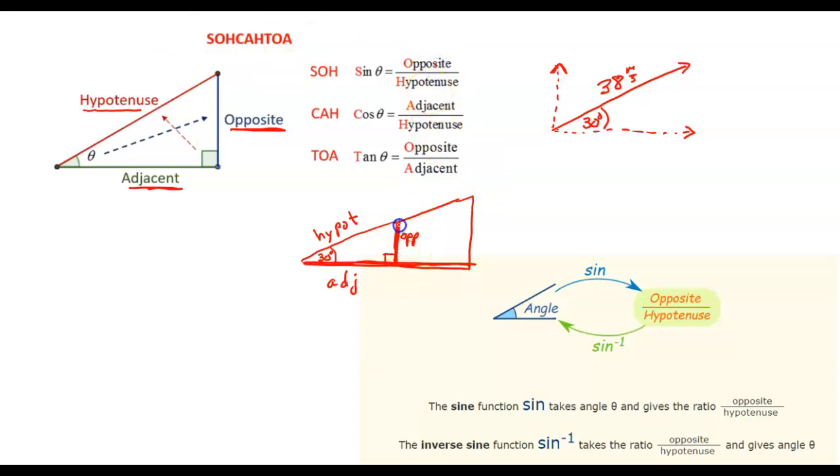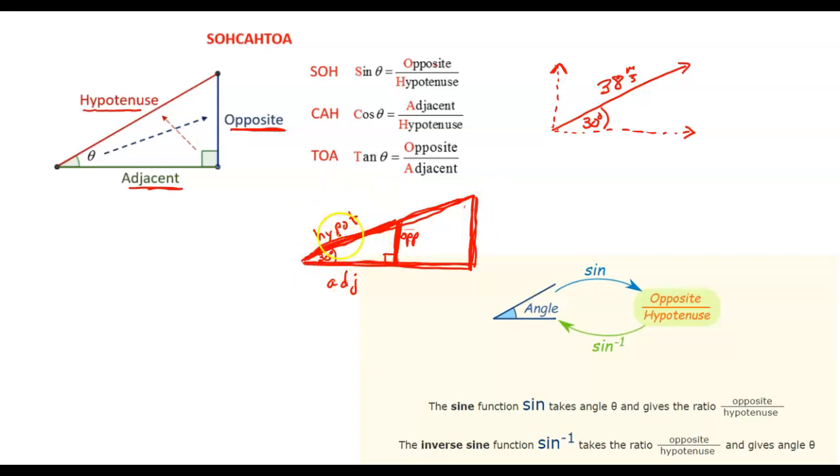So the ratio of this opposite side to the hypotenuse will be the same as the ratio of this longer opposite side to this longer hypotenuse. Whether I use a smaller triangle or a bigger triangle, the ratio of these sides would be the same at a given angle, at 30 degrees.